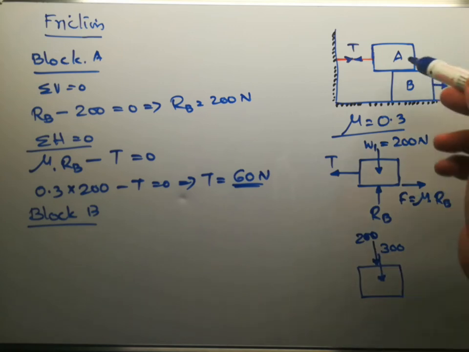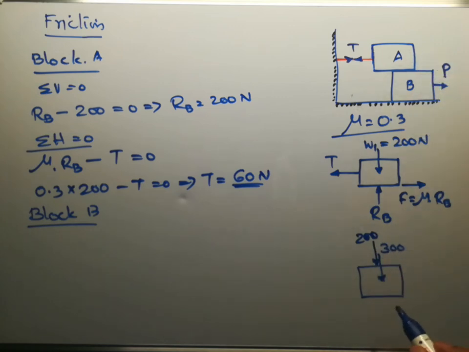Either the reaction or the weight of the block A is 200. Then the reaction from the horizontal floor, let it be RF, where RF is the normal reaction from the floor in the upward direction on block B.